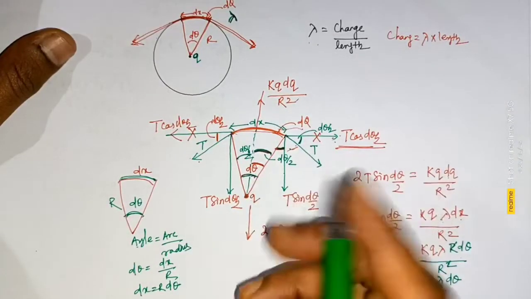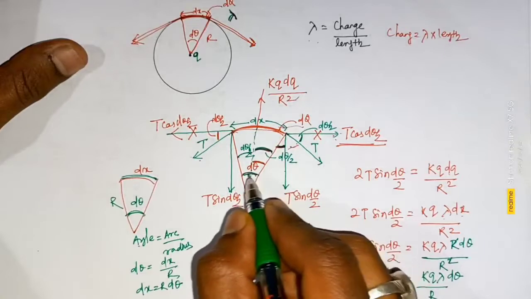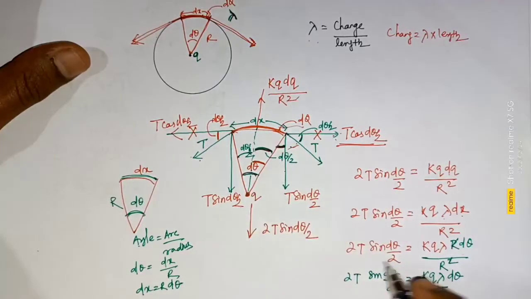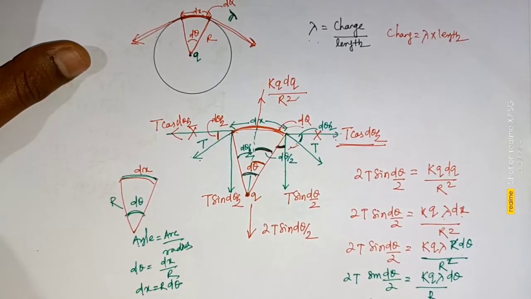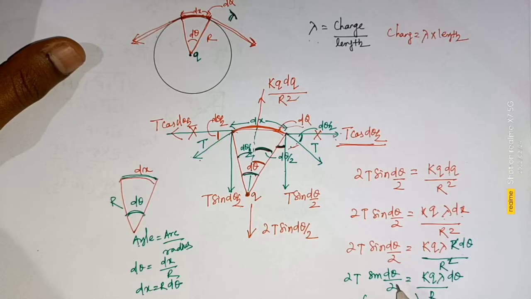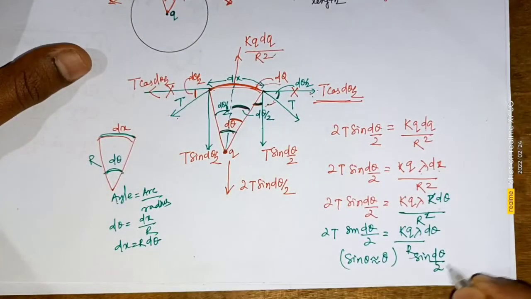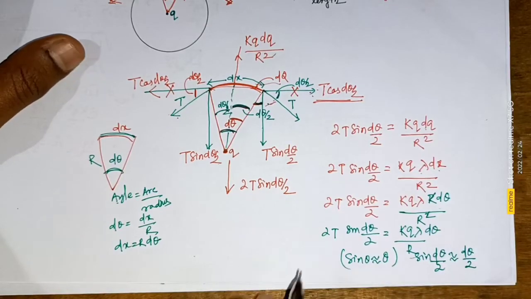If theta is very small, dθ is very small, can I say sin θ is equivalent to θ? Yes. So sin(dθ/2) is equivalent to dθ/2 only. Yes, I can substitute these things.